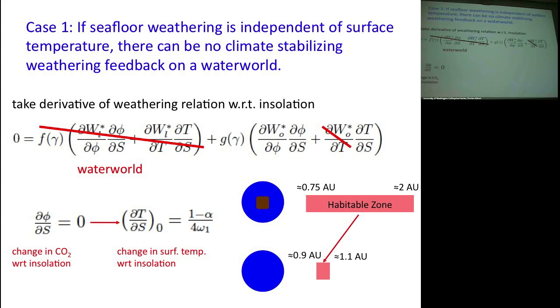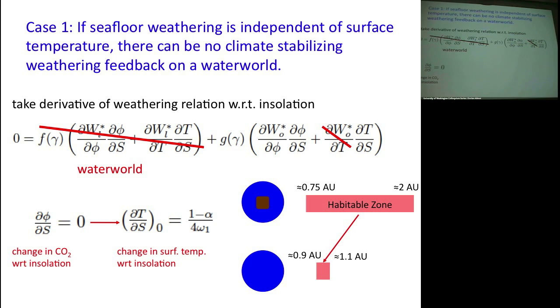And so the physical picture you should have in your mind is if the weathering of the planet can only depend on CO2, you've got a certain outgassing rate, and you're going to have to keep putting out more and more CO2 until you've got your weathering high enough to balance the CO2 that you outgassed. And only then can you stop outgassing CO2.